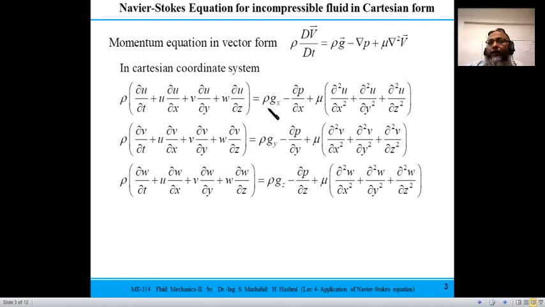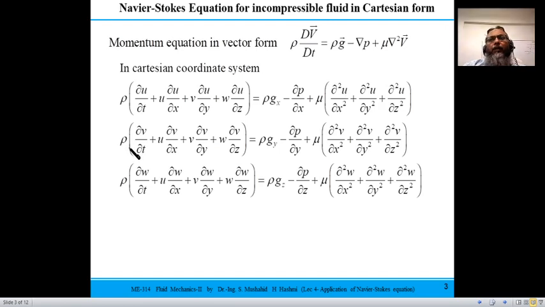The next term on the right hand side is the gravitational force per unit volume. This is the component of the acceleration vector in the x direction. This is the pressure gradient term, how the pressure varies in x, and the negative sign is because of the sign convention that the pressure always acts inwards. And this is the viscous term, a second order term of how the velocity changes with respect to a change in x squared.